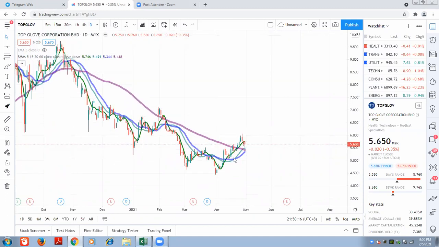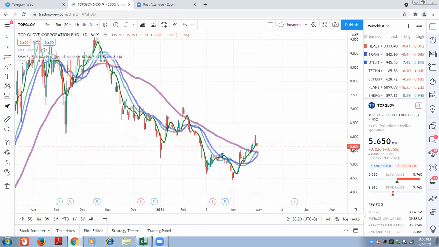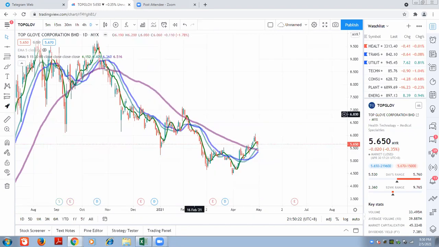If you refer to the top glove, when MA 60 is above all the MA lines, it is the confirmation of a bearish trend.